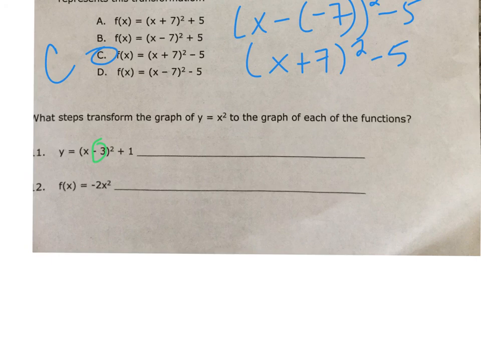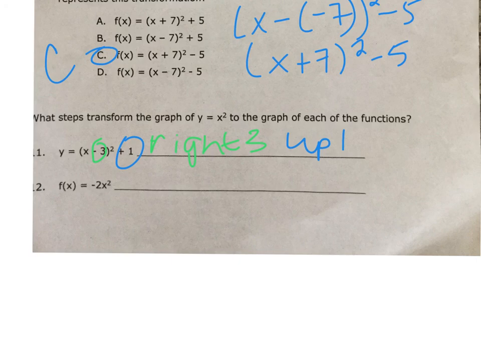So we're moving right or left. And since the 3 is positive, we're going in the positive direction, so this is going to go right 3. And this plus 1 is on the outside, so it's the output, so it's along the y-axis, so it's going to go up 1 unit.